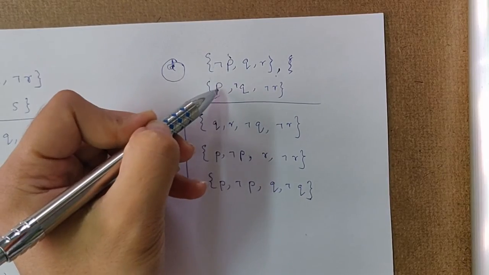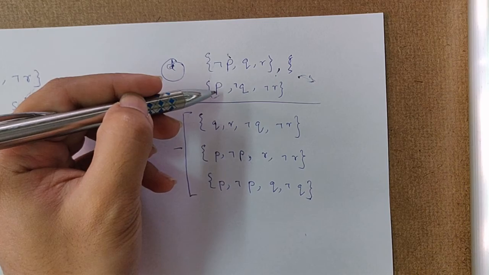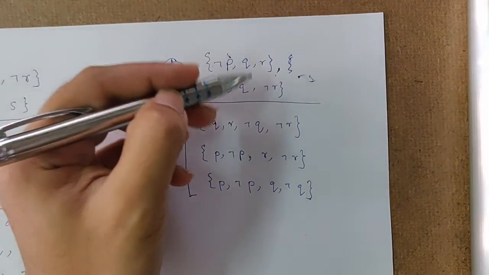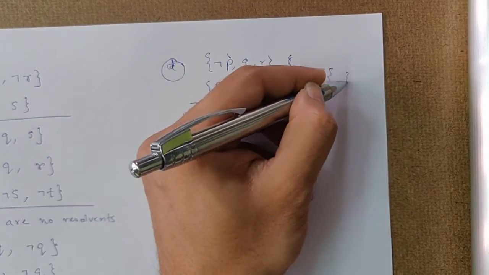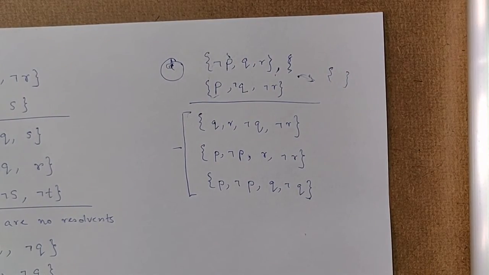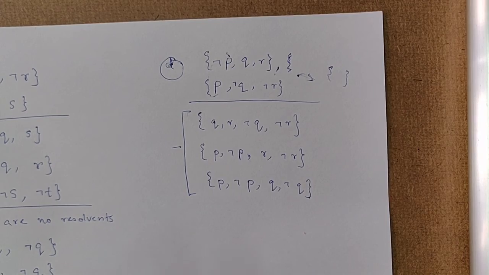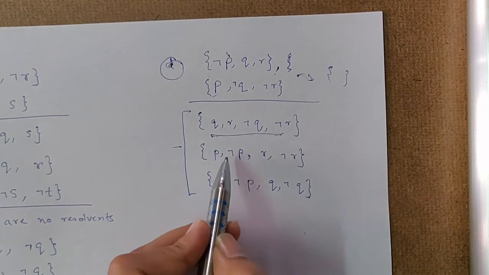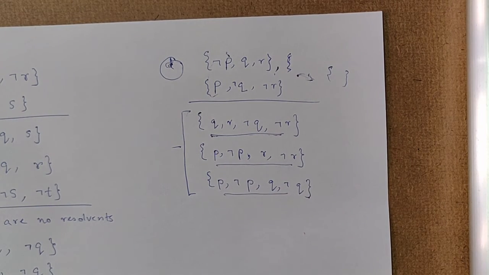You cannot say that P and not P I am removing, Q and not Q I am removing, R and not R I am removing, and I will be getting the null clause. This is not possible. At one step you can remove only one resolvent variable, as we have done. Here P is removed, here Q is removed, here R is removed. Okay.